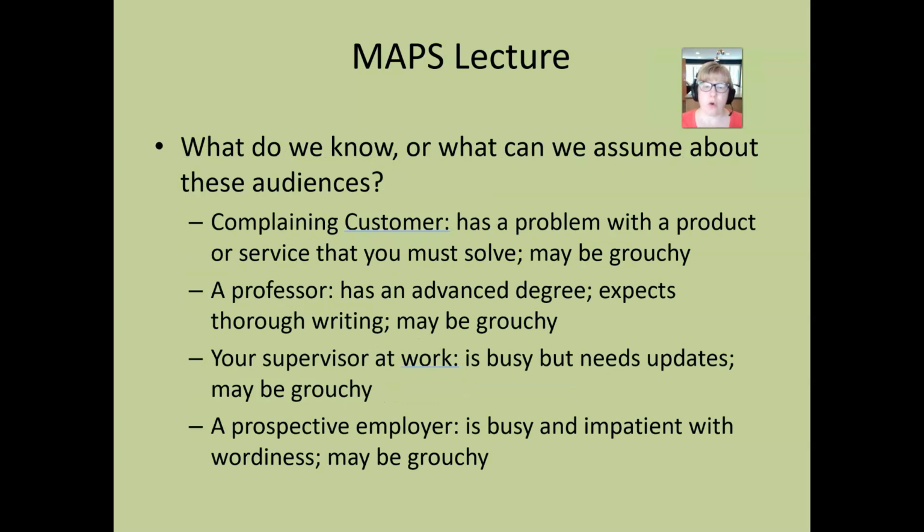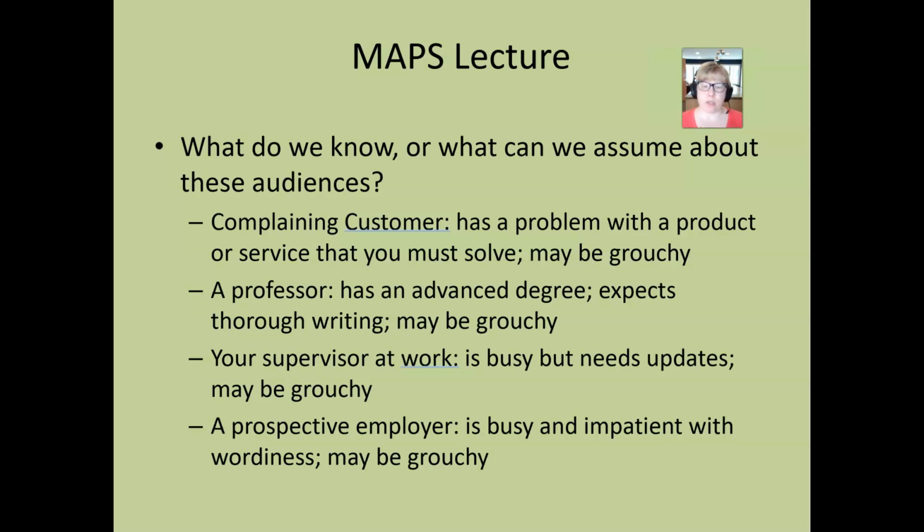So what do we know or can we assume about these audiences and how will it change our writing? Okay, so that complaining customer. Let's say this person has a problem with the product or service and that you have to solve it. Issue is they may be grouchy, right? Say you're writing that essay to a professor. He has an advanced degree, he expects thorough writing, and he may or may not be grouchy, right?